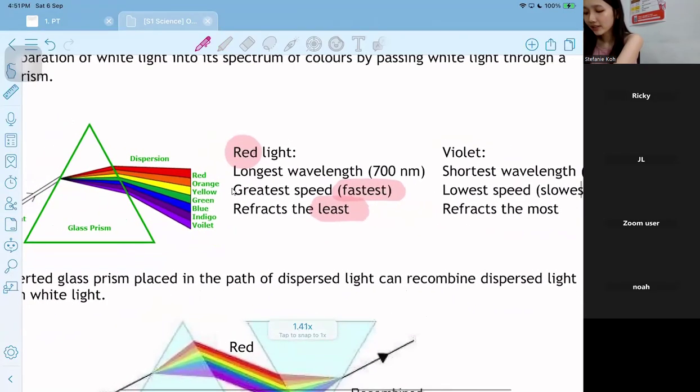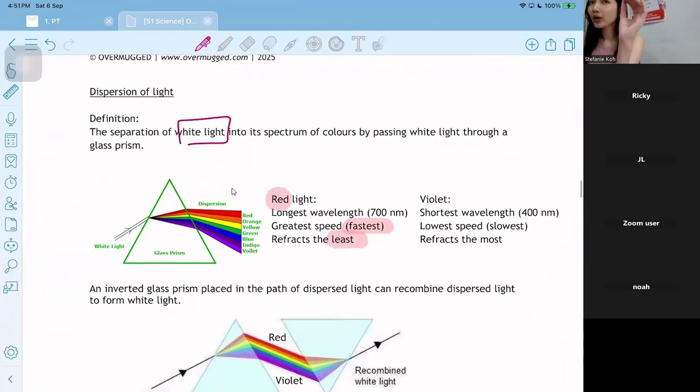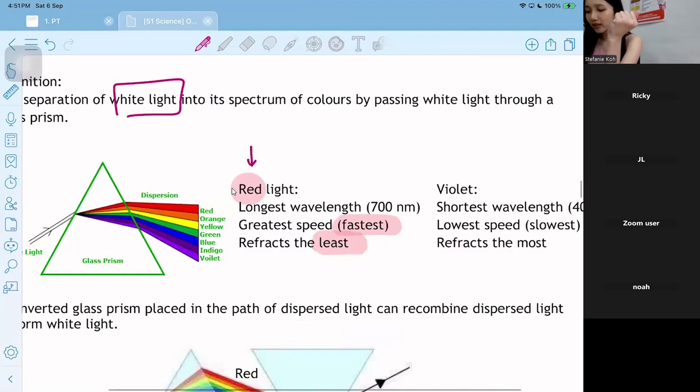And then violet is found at the bottom, basically your rainbow colors. Your white light is made of the rainbow colors. When it's going through a different medium, it's bending differently. Every color bends slightly differently, so you see the rainbow colors instead. So you just memorize one, then the opposite color of the rainbow will be the slowest and refracts the most.